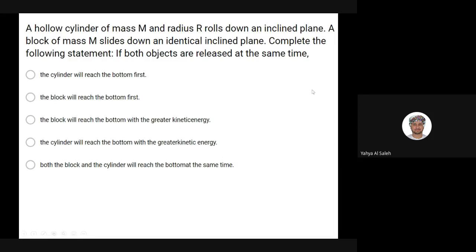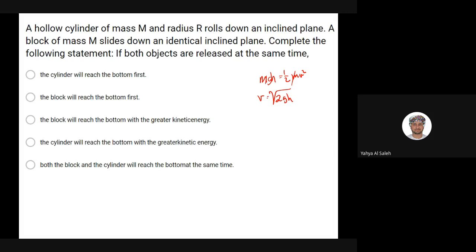Let's think of it without calculations. The block will change all the potential energy into kinetic energy, half mv squared. So the block will have mgh equals half mv squared. The m's cancel, so v is the square root of 2gh.